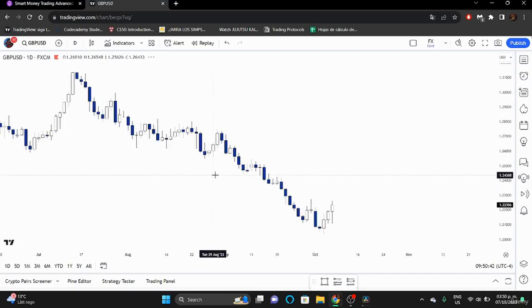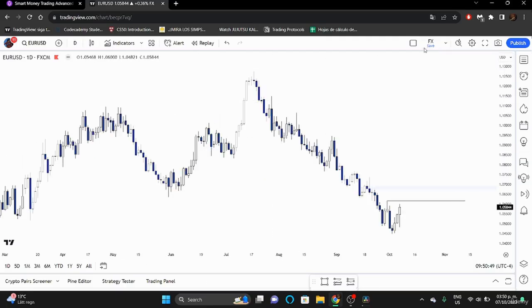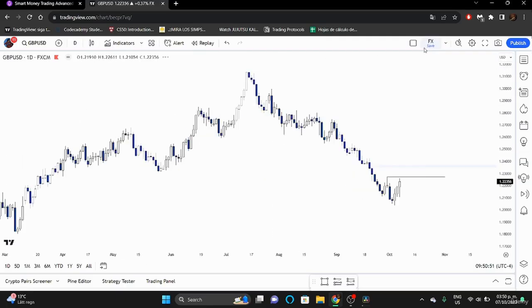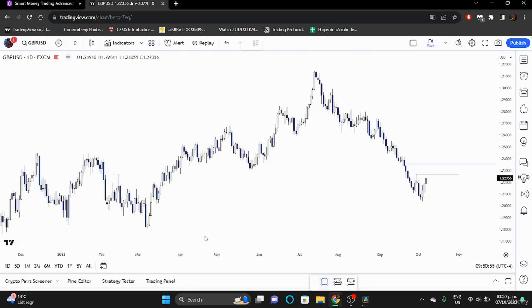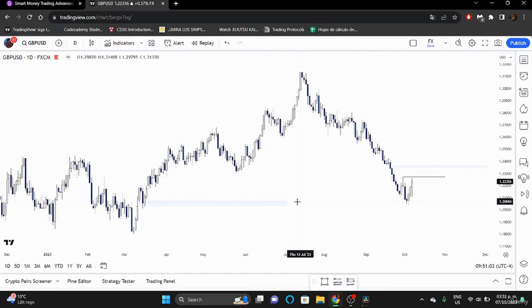As you can see, they're pretty much the same thing. Okay? And let's go to GU to show you. GU is GBP USD. Let's see if there's any volume imbalance. Okay, right here, it gets used as real support in the price. Trades through, goes higher. Okay?